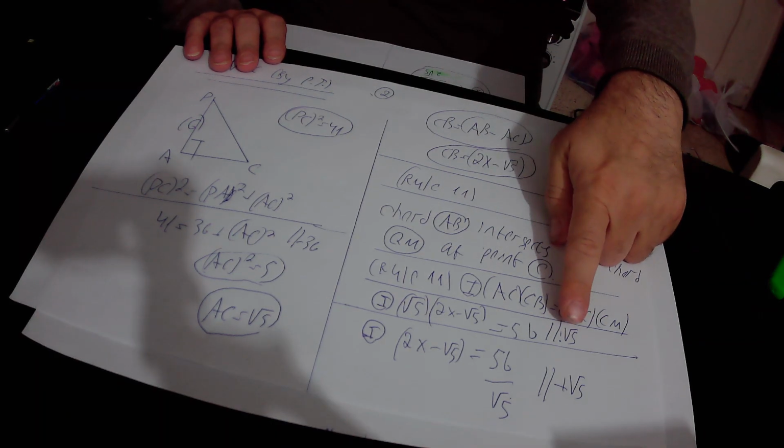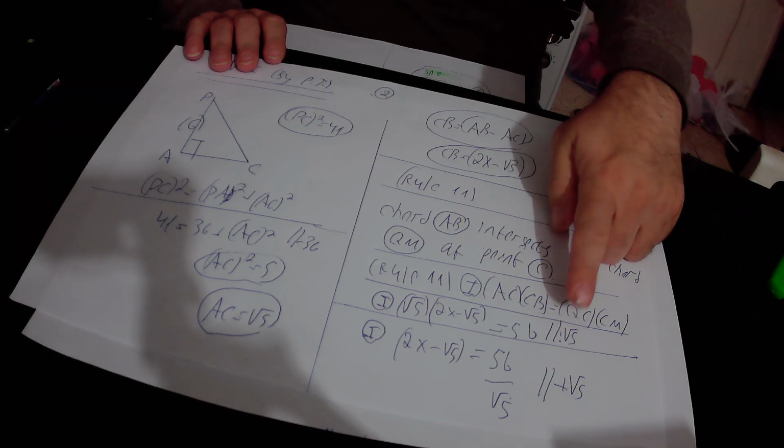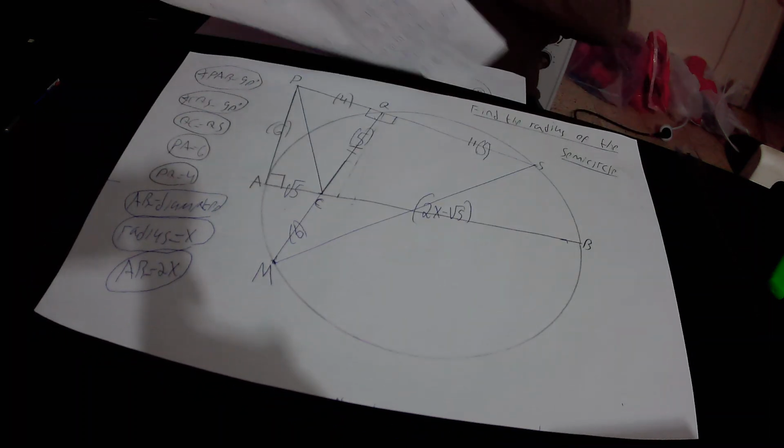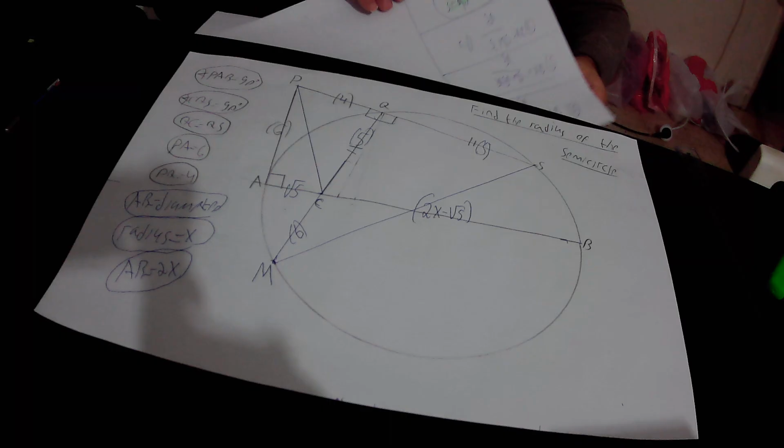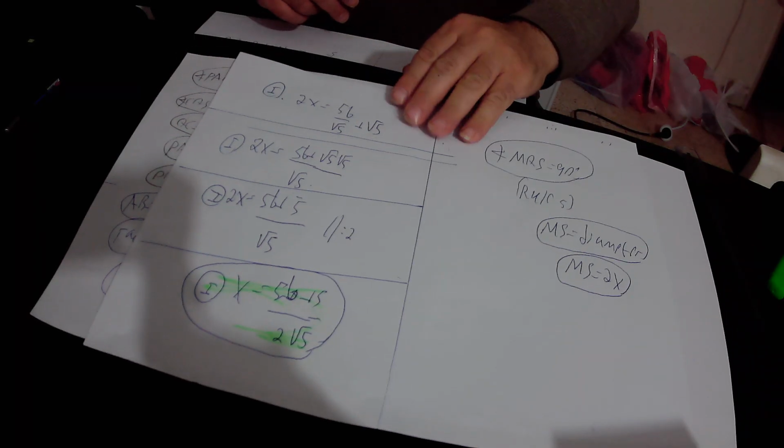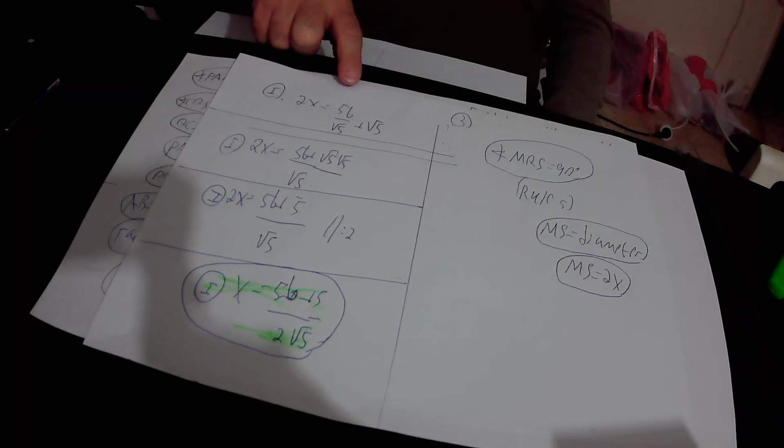Here we added square root of 5 to this equation, equation number 1. And finally we found that 2x equals 5b over square root of 5 plus square root of 5.